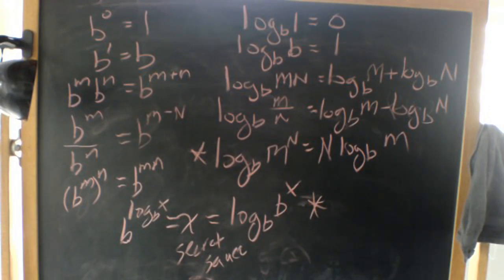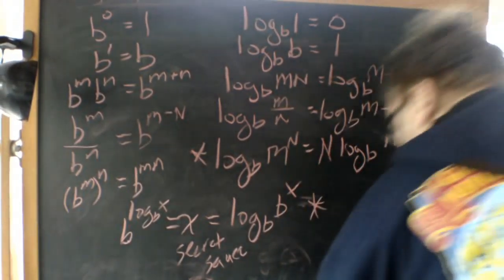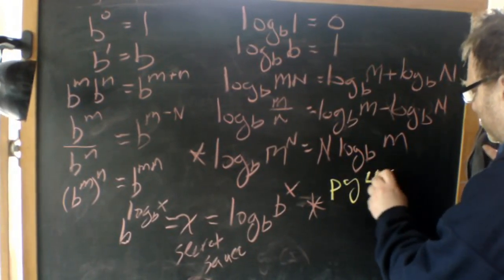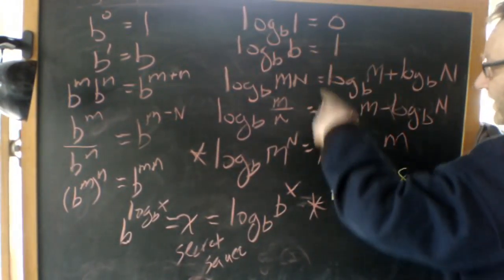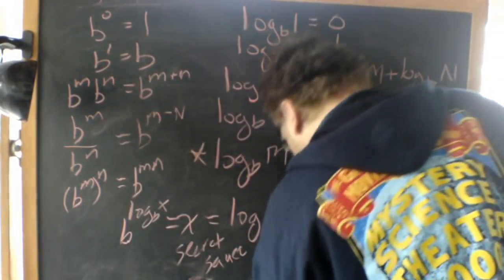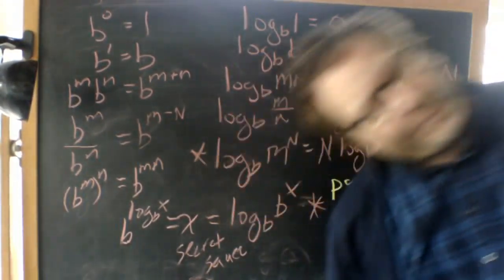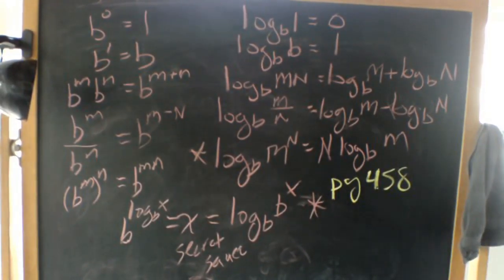We're going to look at the idea of expanding logarithms, and these are on page 458 in your book, the log examples of them, the exponentials. And if you remember, in the beginning of the semester I gave you a sheet that had rules on it.